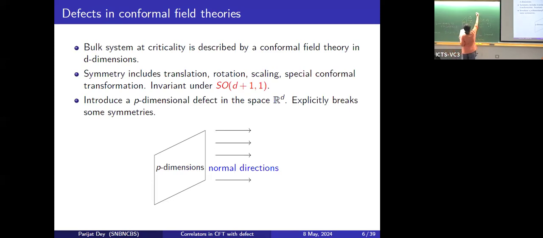And similarly, these generators P_A, K_A and D are also preserved. So the scaling remains unchanged, but also the momentum and the special conformal transformation along this defect are preserved.